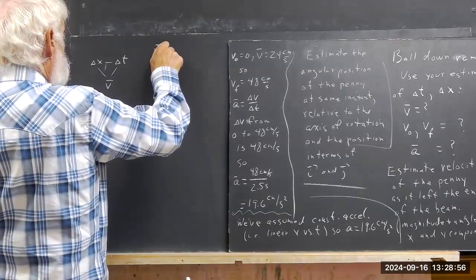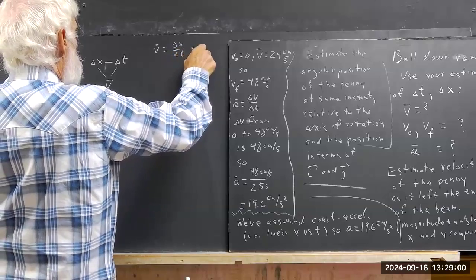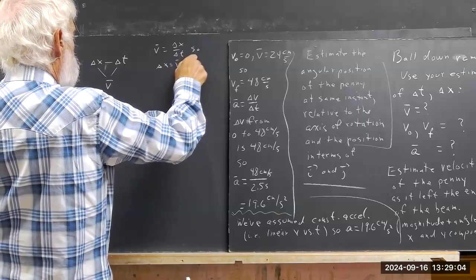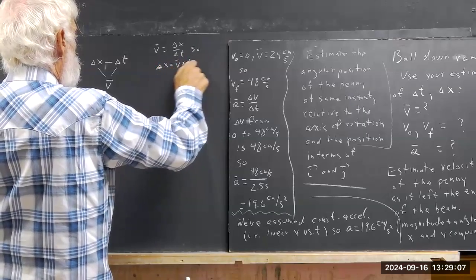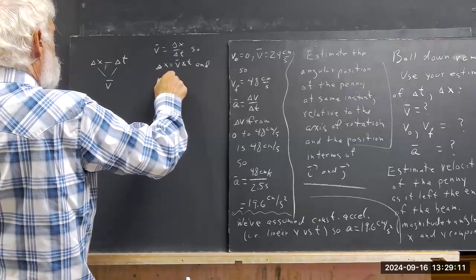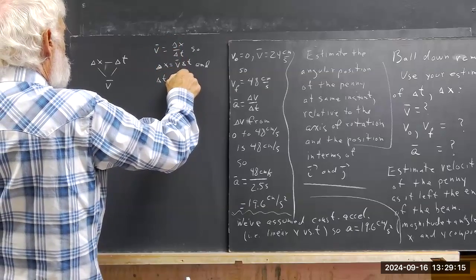V bar equals delta X over delta T. So delta X equals V bar delta T. And delta T equals what? It's going to be delta X over V bar.